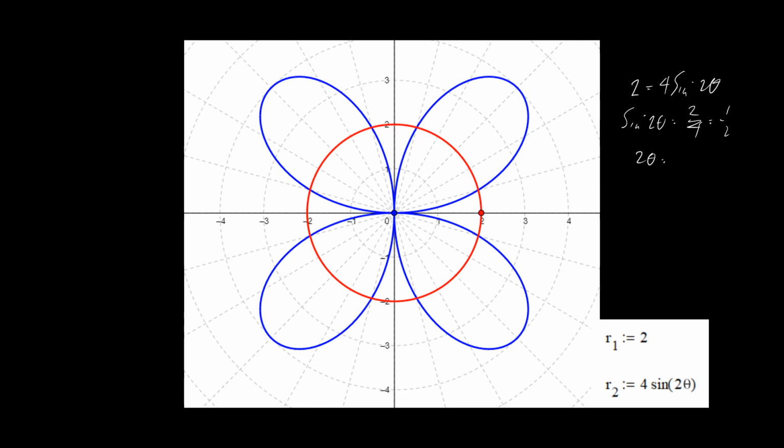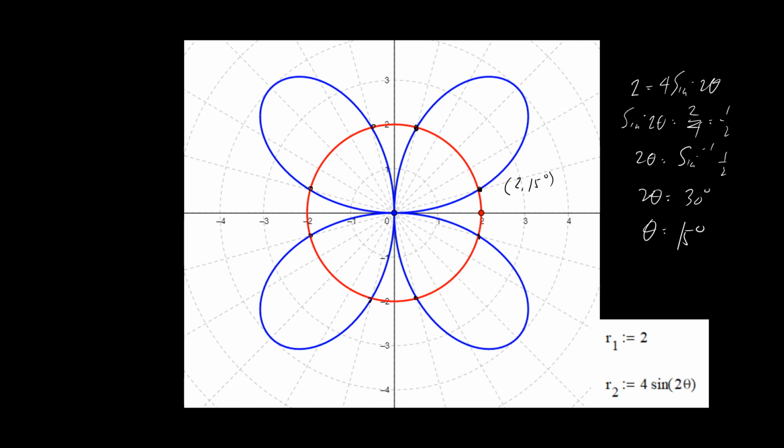So 2 theta is arcsine of 1/2. And we know that that is equal to 30 degrees, so theta is 15 degrees. So obviously, this point of intersection has the coordinates 2 and 15 degrees. Then because of symmetry, we'll be able to identify the other 7 points of intersection.